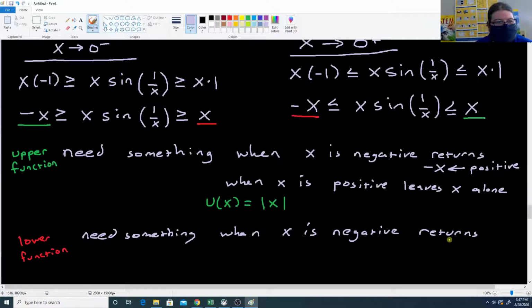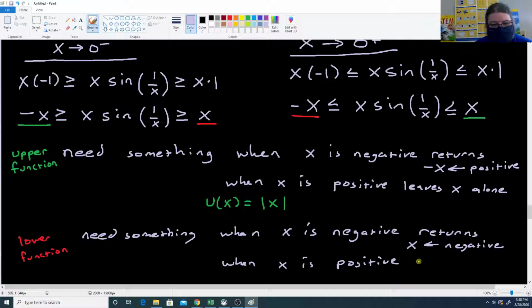Whoops, no, just kidding. So when x is negative, it returns a negative, x itself, which is negative. And when x is positive, it returns negative of that.